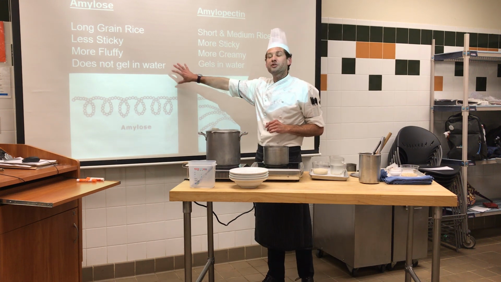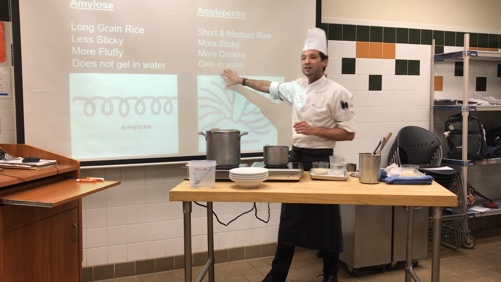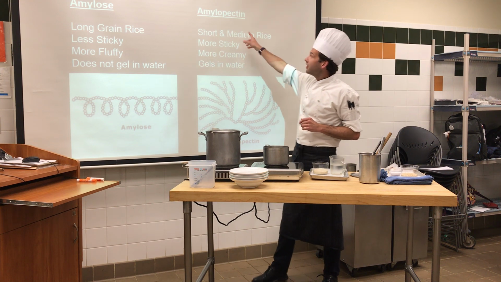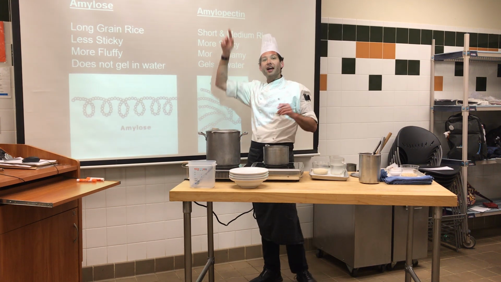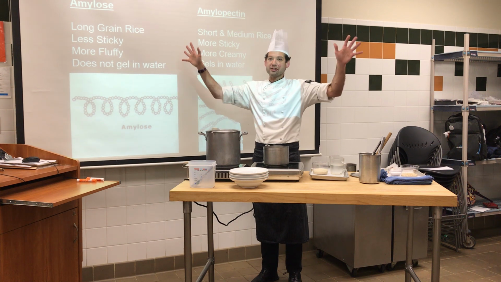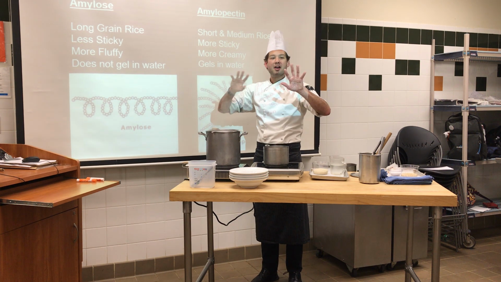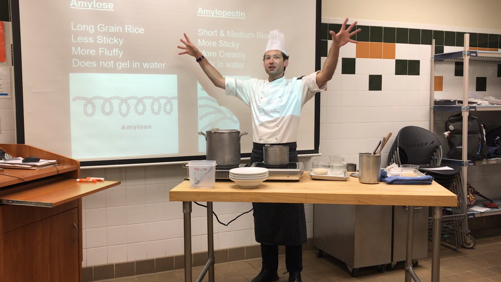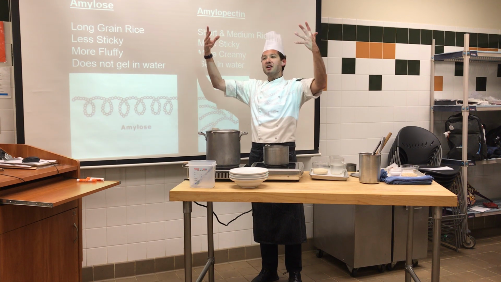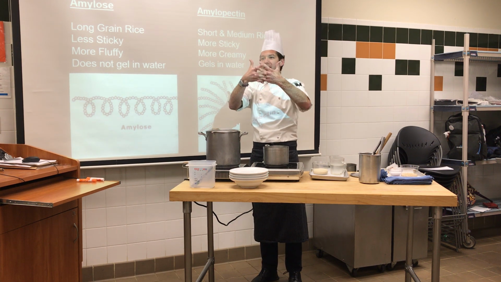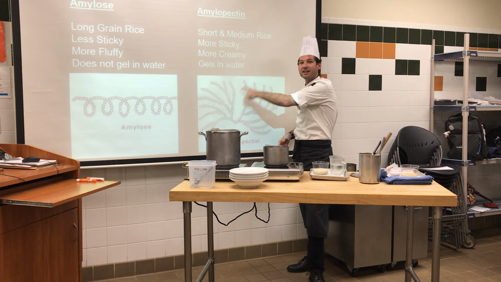There are 2 types of carbohydrates that exist in rice grains. One of them is called amylopectin. And the way that I think of amylopectin is it's like branches on a tree. Okay, so I have my fingers as the branches, and when they interact with each other, they get tangled up. So that's this structure right here.